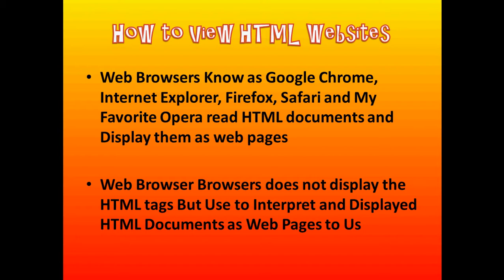A web browser does not display HTML text but is used to interpret and display HTML documents as web pages to us. Basically, I told you the web browser is a middleman. It does not give us the raw content. It does not give us HTML text. If you really see the HTML text at first, it will look quite hard for you to understand.